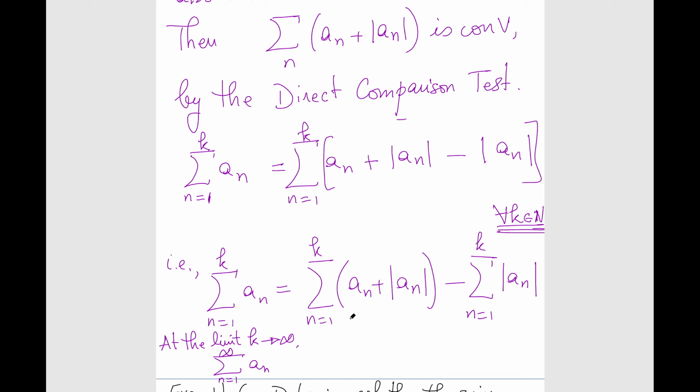And this guy becomes the limit of this difference. But what do you know about the limit of this guy? Well, this is a convergent series. We talked about it above. This is convergent, and this is also convergent. So the limit of this difference is going to be the difference of the limits, when k goes to infinity. So you get this.